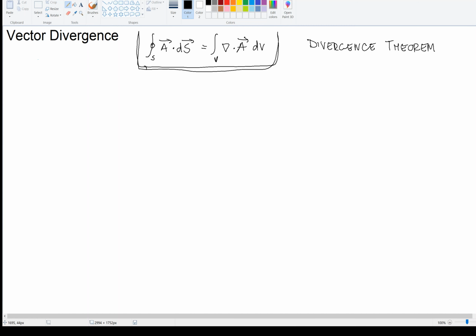But I will say that the way you use this is that the left side of this guy will come up in a lot of physical situations, as we'll see in electromagnetics, and it's the right side that is more easily computed. Okay, and this is easily computed, as you'll see in examples. All right, that's the divergence theorem.